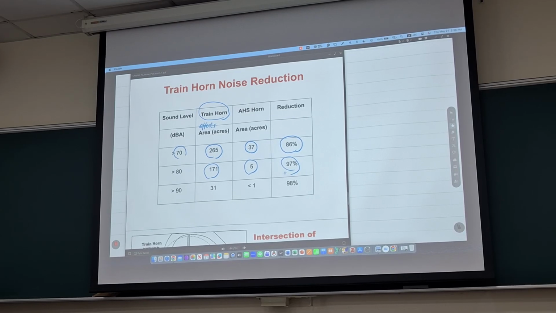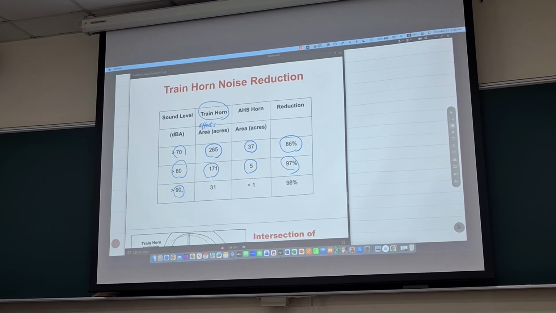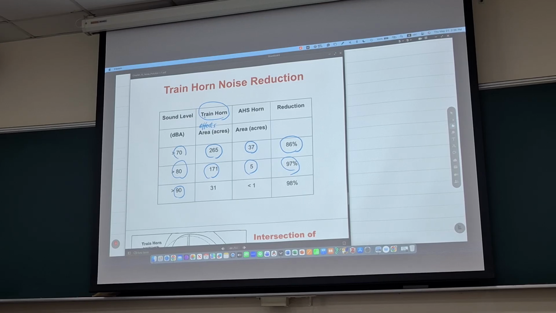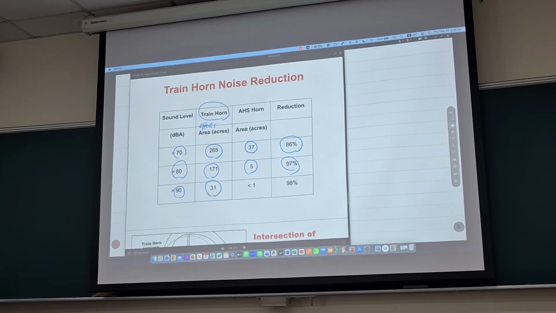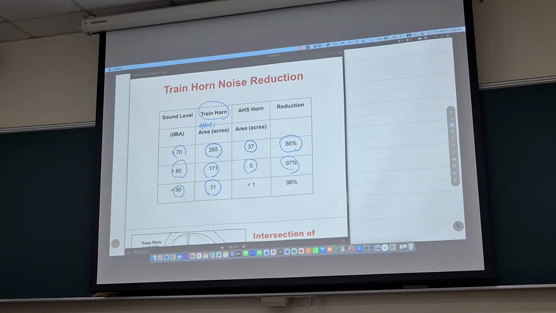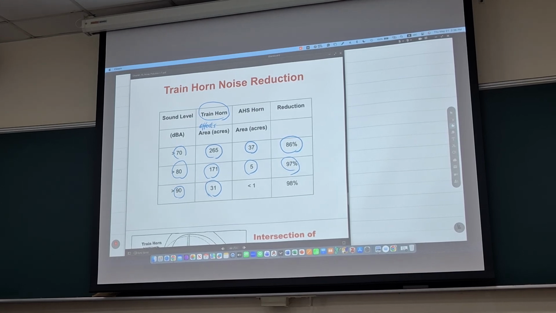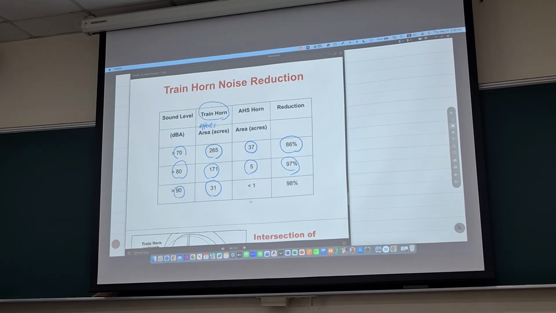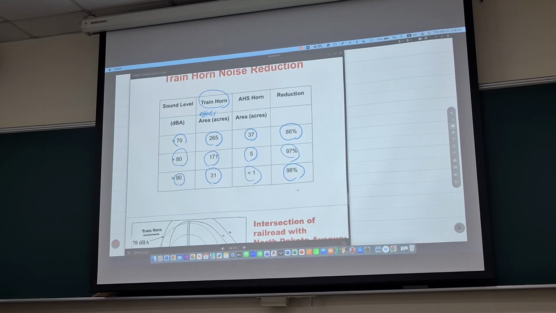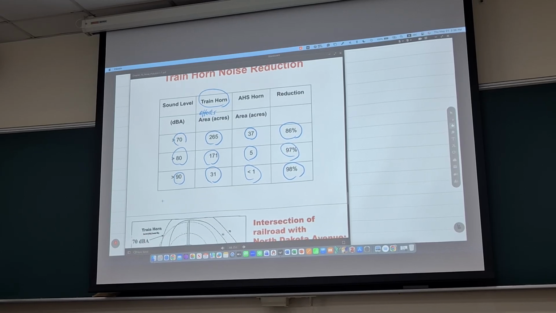Okay, for noise above 90 decibel, the train horn affects 31 acres. The AHS horn just affects less than 1 acre. So it reduces 98%.